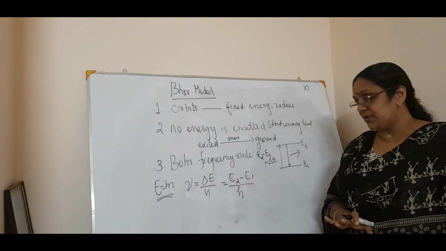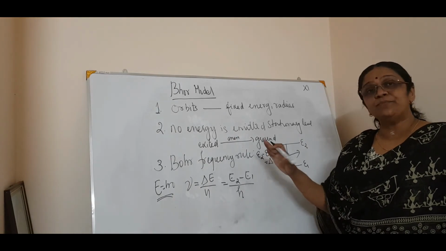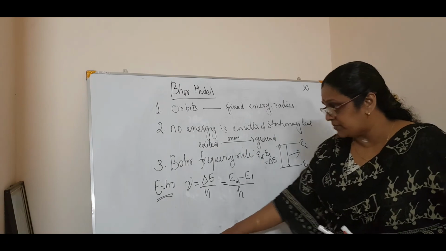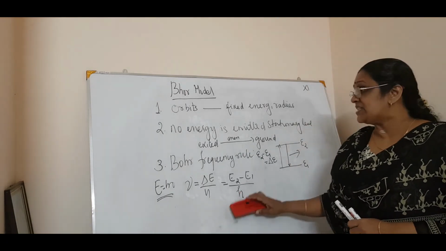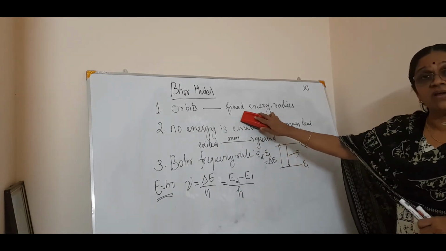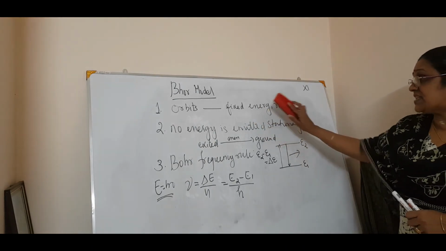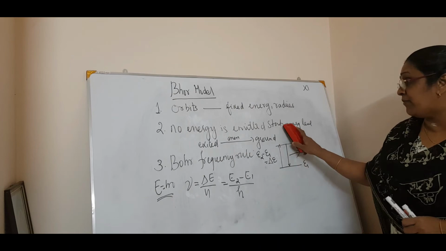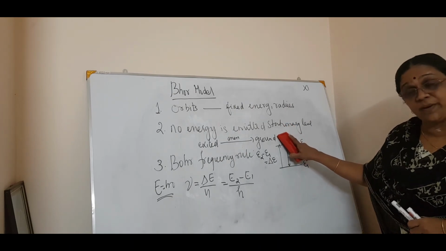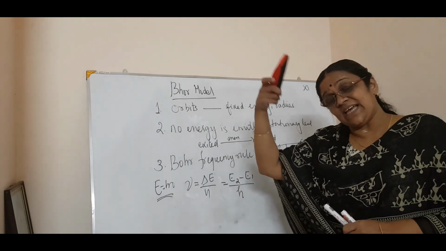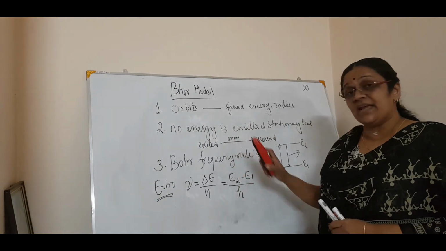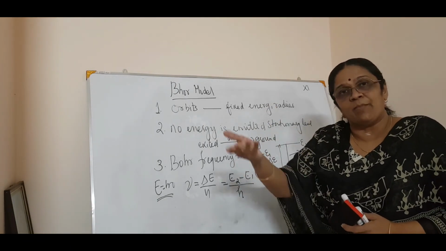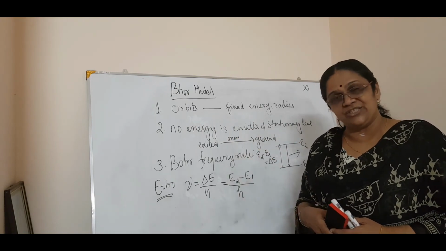Understood? Okay. Now coming to the fourth postulate of Bohr. Is it clear? First one: the electrons revolve in circular orbits having a fixed energy and radius. Second: no energy is emitted while it is revolving in a stationary orbit, but when it gets excited and comes back, it will emit energy, not in a continuous form but in discrete amounts or quanta of energy, h nu.